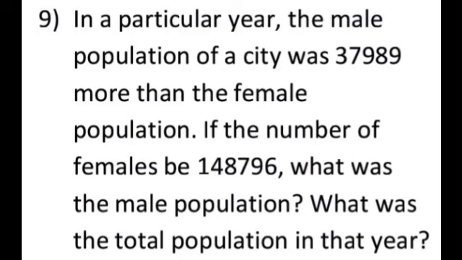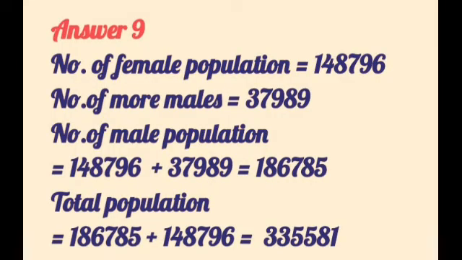First, you have to find the male population. The number of females is given. The number of extra males is 37,989. So we add the number of females and the extra males, and we get the answer 1,86,785. That is the male population. Now for the total population, add the male population and the female population. So the answer will be 3,35,581, the total population.